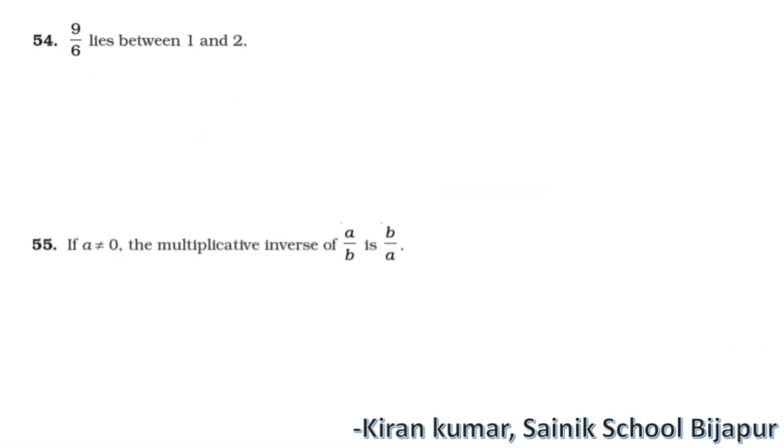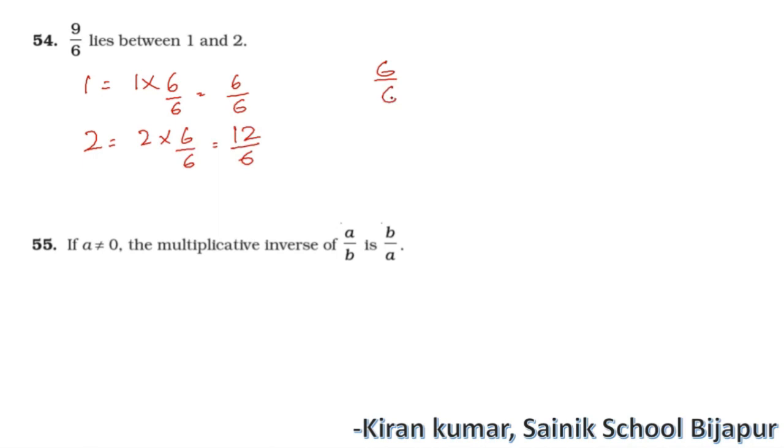Question number 54. 9 by 6 lies between 1 and 2. 1 can be written as 1 into 6 by 6, which is 6 by 6. 2 can be written as 2 into 6 by 6, which is 12 by 6.